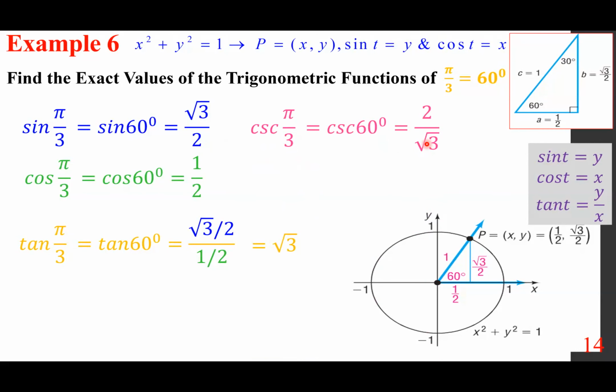If you multiply by square root of 3 over square root of 3, you get 2 square root of 3 over 3.